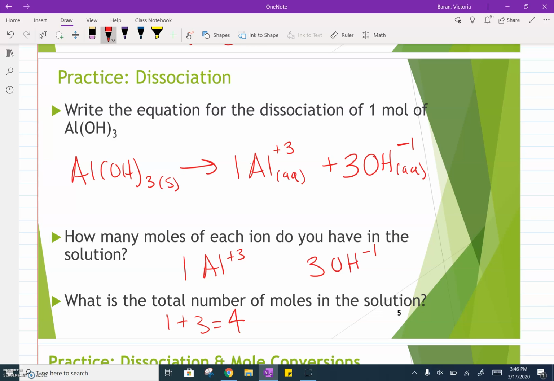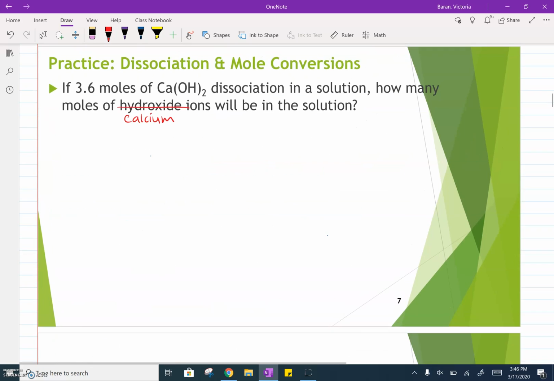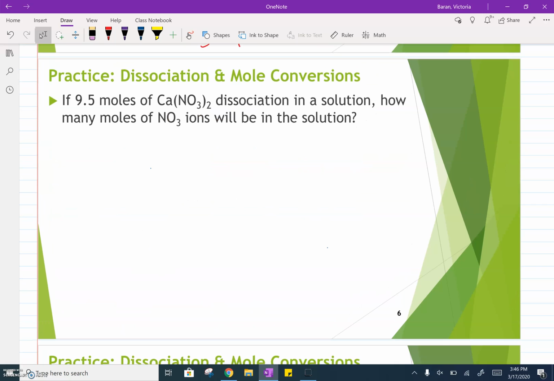You will watch the next video, which will be these next 2 example problems for how to use those equations that you've written to set up a picket fence and solve for a specific number of moles for either the compound or the ion.